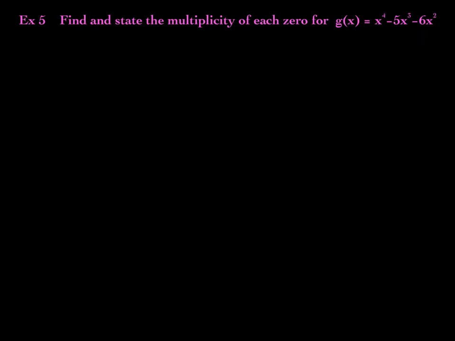All right, everybody, in order to find the zeros of the function, we need to solve the polynomial equation. So, just like before, we need to set the function equal to 0, and then solve. All right, so there we have it.